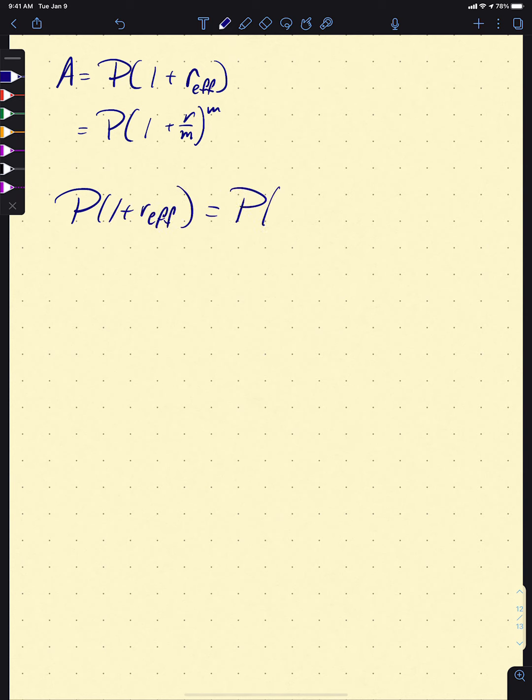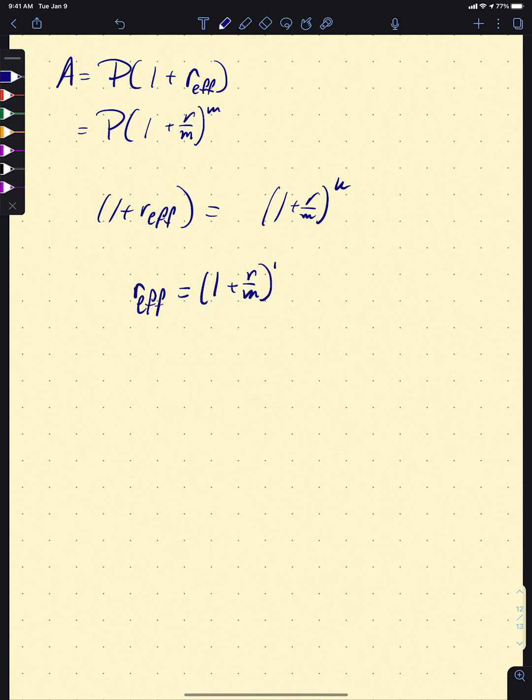P times 1 plus r over m to the m, right? First I can divide by P because P is a positive number, and then I can subtract 1. And I get that my effective interest rate is 1 plus r over m to the m minus 1, right?